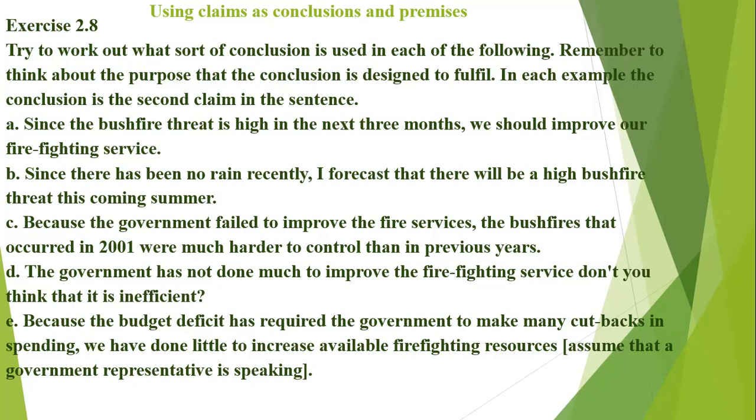C. Because the government failed to improve the fire services, the bushfires that occurred in 2001 were much harder to control than in previous years. D. The government has not done much to improve the firefighting service. Don't you think that it is inefficient? E. Because the budget deficit has required the government to make many cutbacks in spending, we have done little to increase available firefighting resources. Assume that a government representative is speaking.